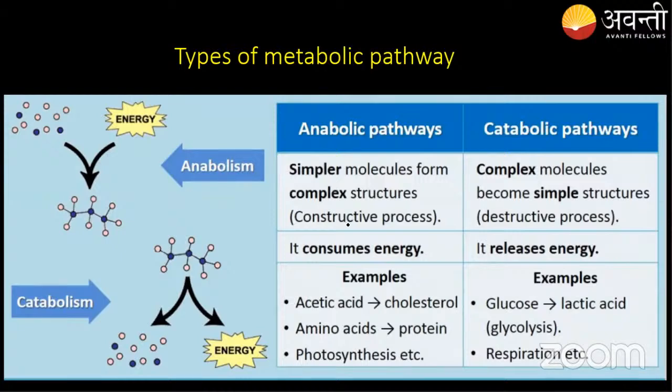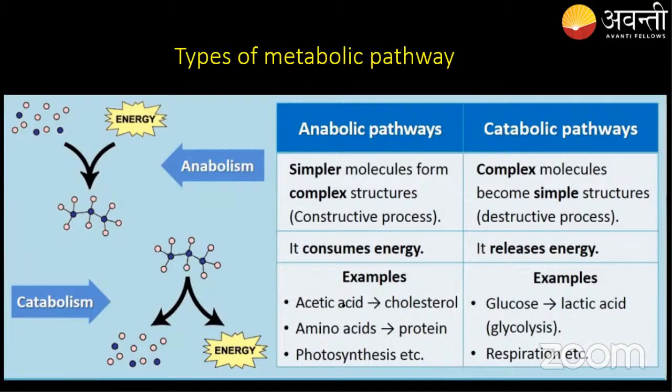You can call it a constructive process, like construction of a building. We take cement and bricks and construct a building. That's the anabolic pathway, and it consumes energy. To build a house, we need energy. We have to push everything and place it in order.